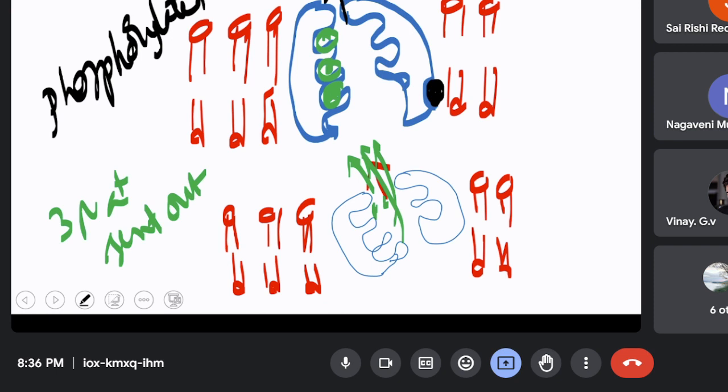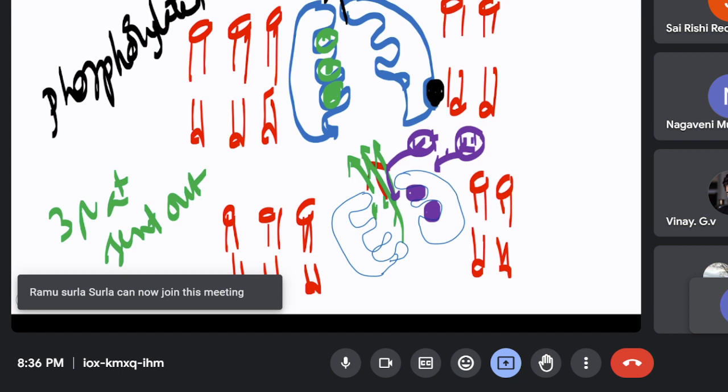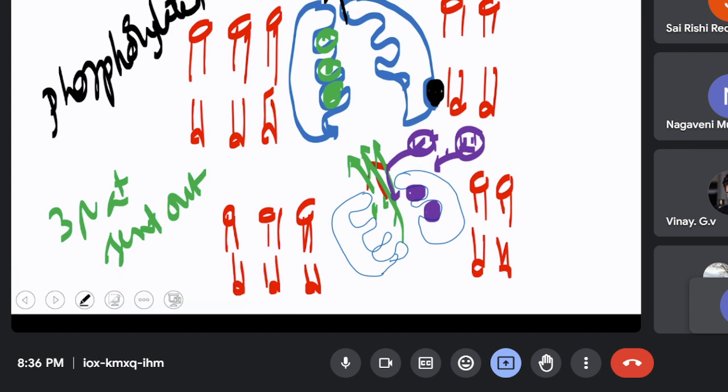Now, this carrier protein is exposed to the outside, where there are potassium ions, and here there are two binding sites for potassium ions. So these potassium ions jump in and bind to the binding sites, so that potassium is now attached to the carrier protein.